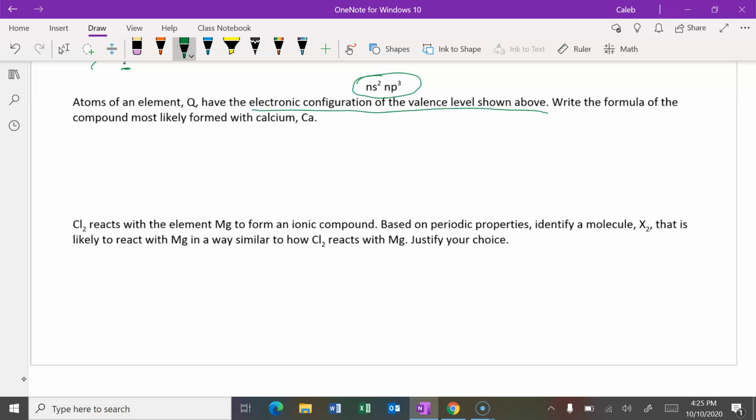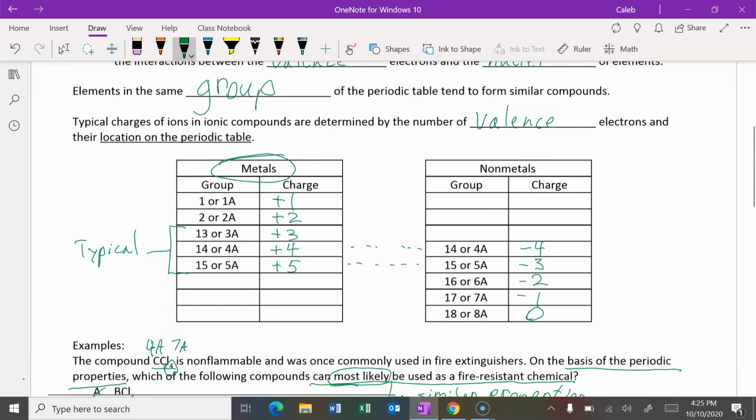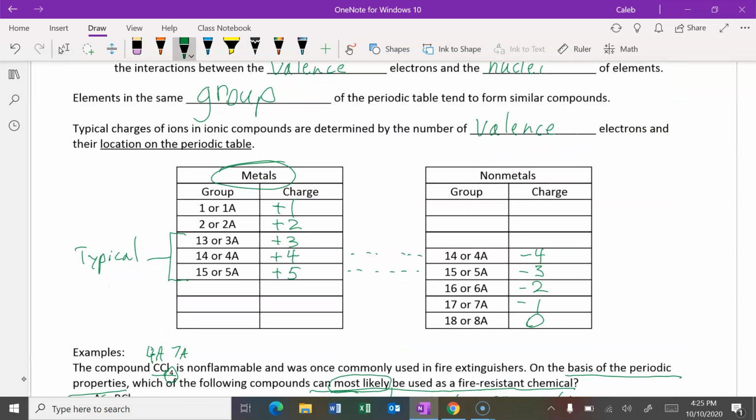So what group is this? How many valence electrons does it have? Well, I've got 2 in the s sublevel, and I've got 3 in the p sublevel. So you add those together, you're going to get 5 valence electrons. If I have 5 valence electrons, that means I'm in group 5. And group 5, as a nonmetal, has a -3 charge.